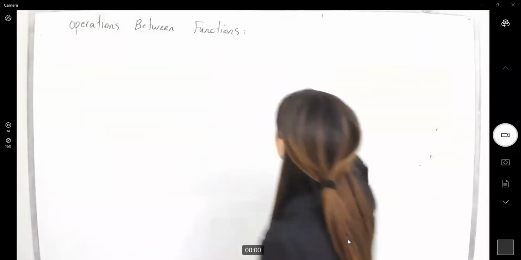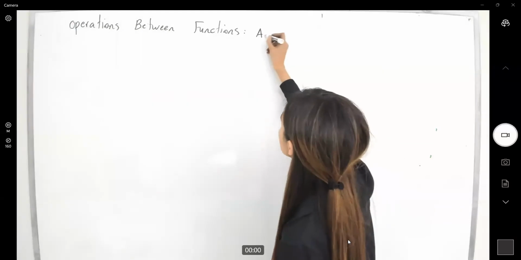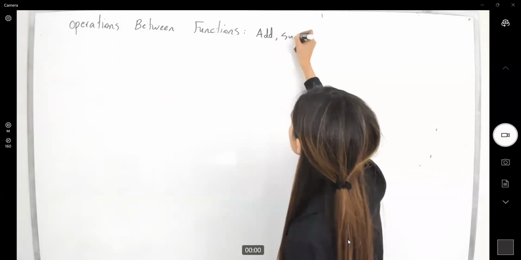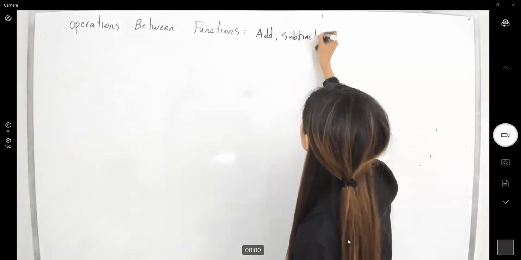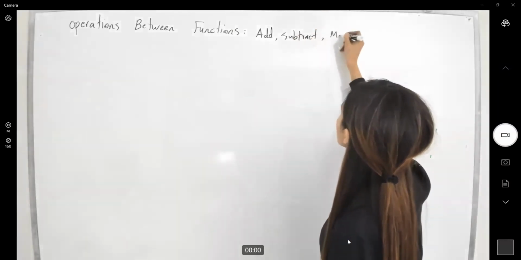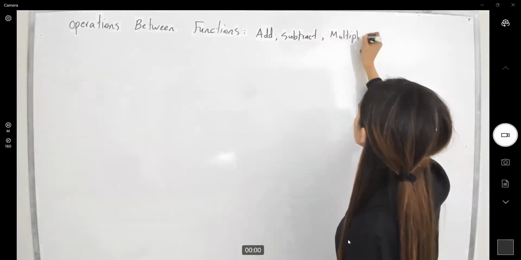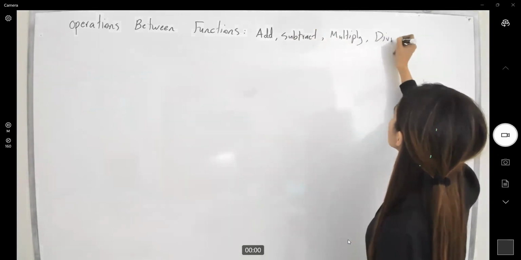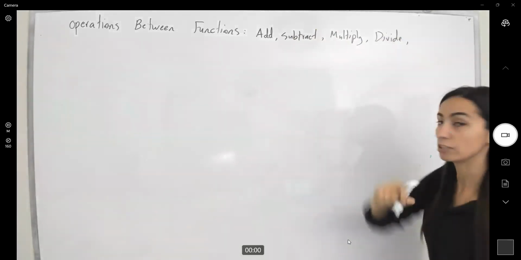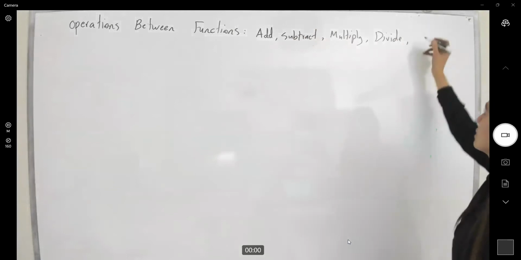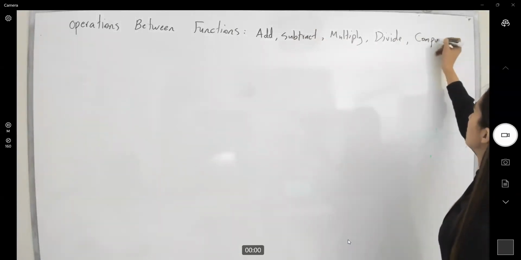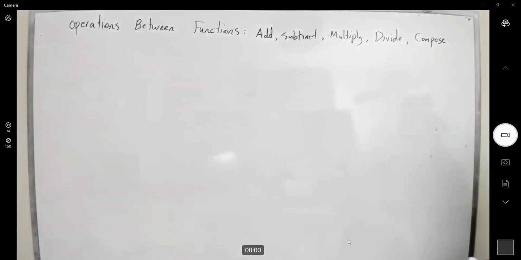We can add functions. We can subtract functions. We can multiply functions. We can divide functions. And finally, we can compose functions. These are the operations between functions.